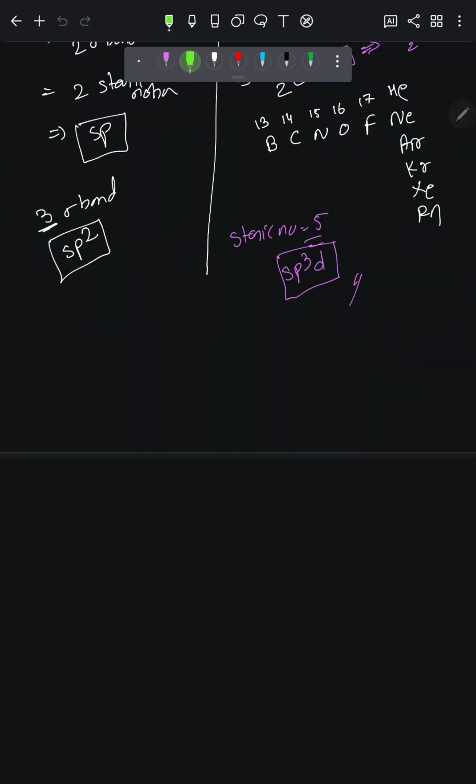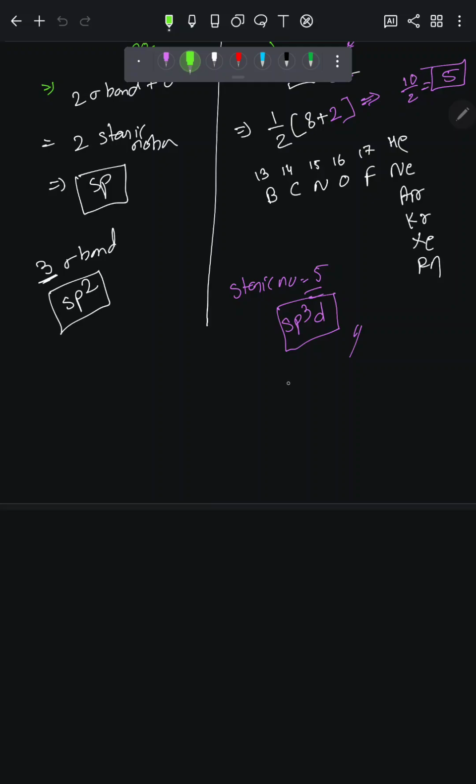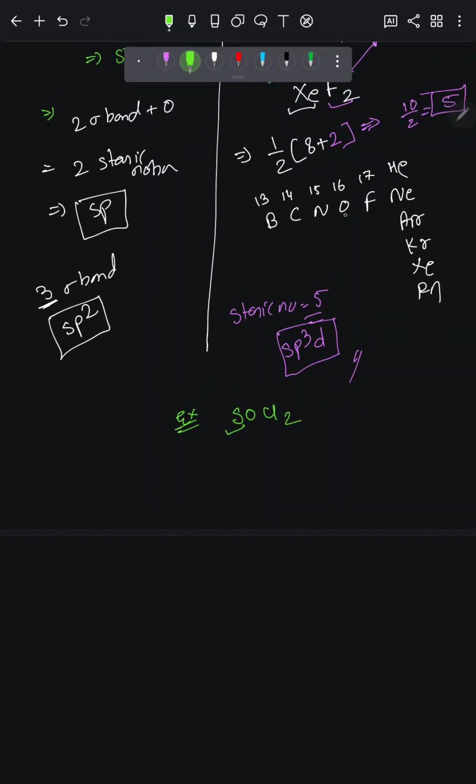Now there is another method by which we can solve this easily to calculate the steric number, that is the cross method. So what is this cross method that we're talking about? Let's do it with the help of an example, let's take SOCl2. We know that sulfur belongs to the oxygen family, and after oxygen, sulfur is present.